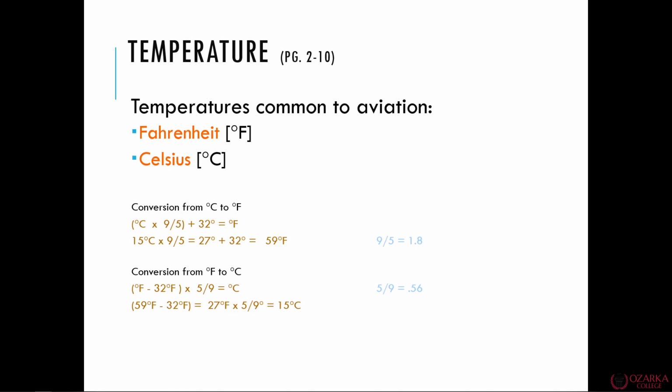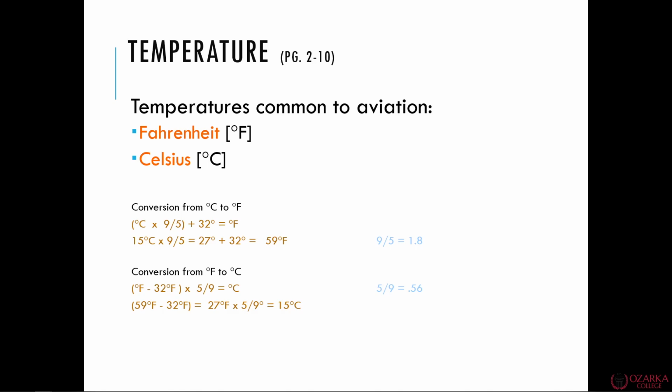Now the conversion from Fahrenheit to Celsius is your degrees Fahrenheit minus 32 degrees Fahrenheit times 5/9 or 0.56. And that gives you your degrees Celsius.